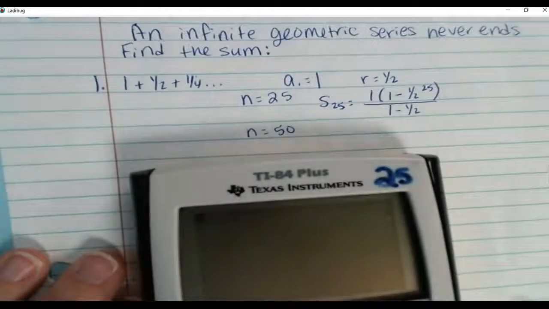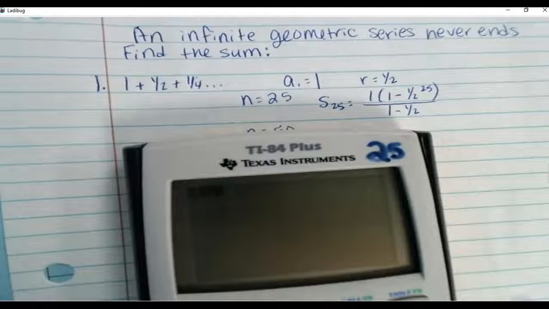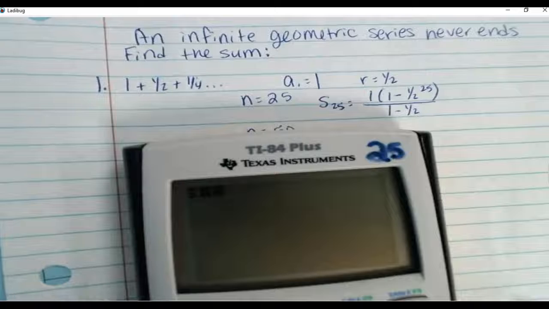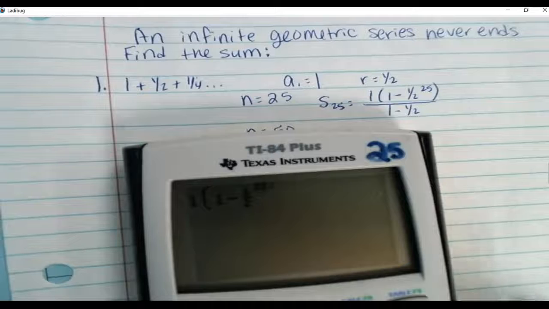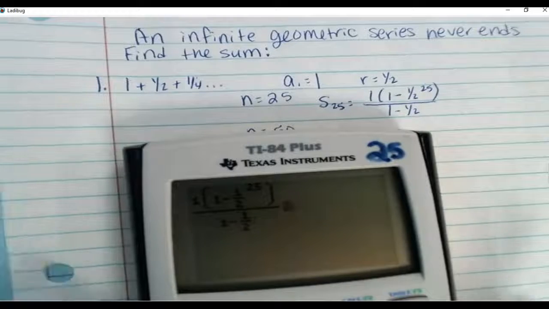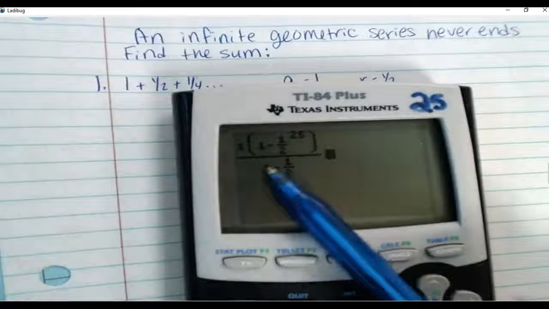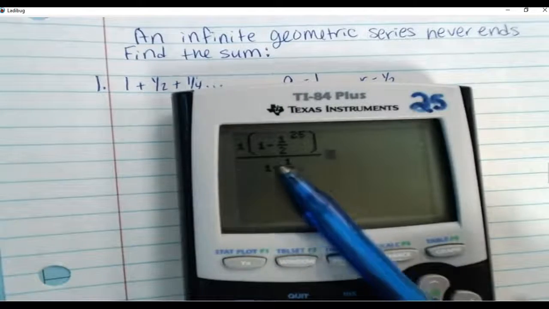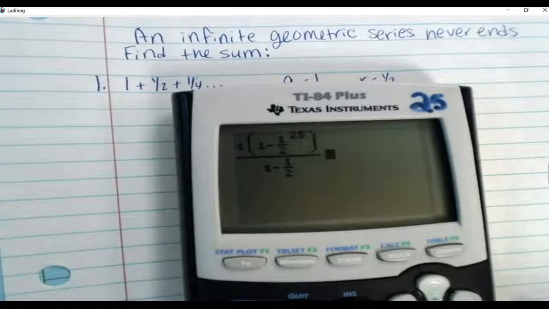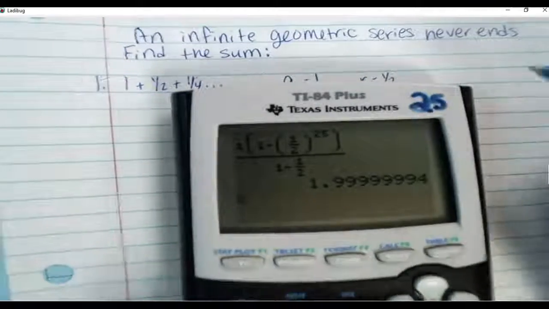So then we can just type it in. And so if you type it in the fraction, that works great. If you don't, remember you have to put that bottom part in parentheses. And so hopefully you get 1.9999999.